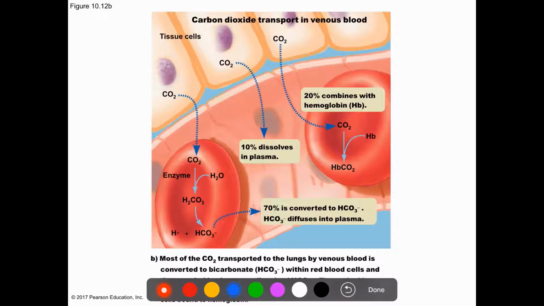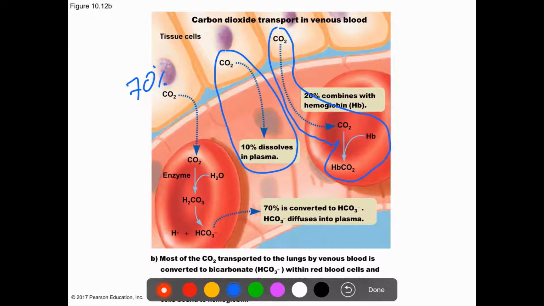For CO2, it's a little bit different. 10% of CO2 is dissolved into the plasma, 20% of CO2 binds to hemoglobin in the red blood cell, and the majority, 70% of CO2, would be converted into bicarbonate, and that bicarbonate would be diffused into the plasma.